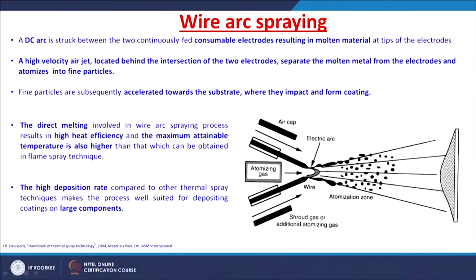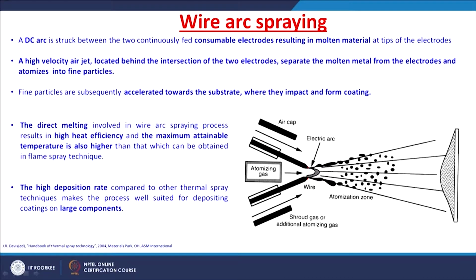This is a wire arc spraying technique. Material is fed in the form of a wire, and a DC arc is struck between these consumable wire electrodes, which results in molten material at the tips of these electrodes, right.